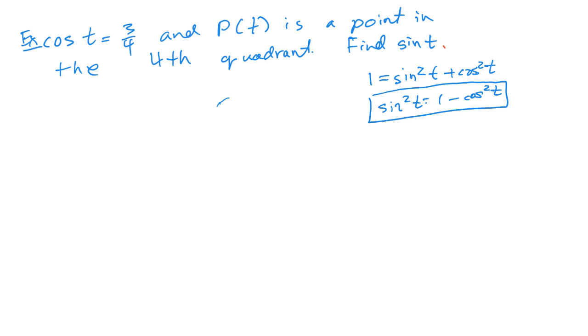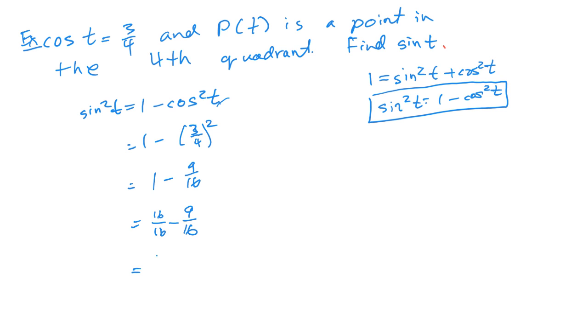So now let's just substitute what we know. Sine squared t is equal to 1 minus cos squared t, which is 1 minus 3 over 4 squared. So it's just substituting in. You end up with 1 minus 9 over 16, which is 16 over 16 minus 9 over 16, which is 7 over 16.